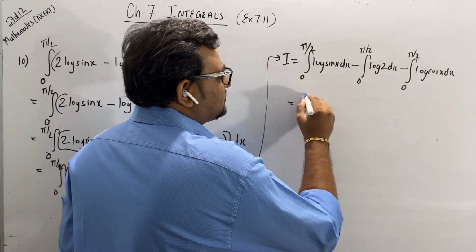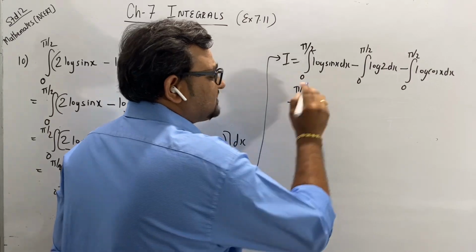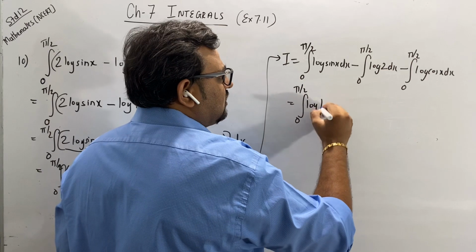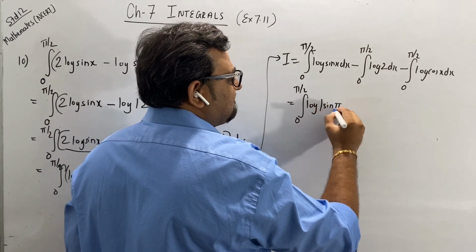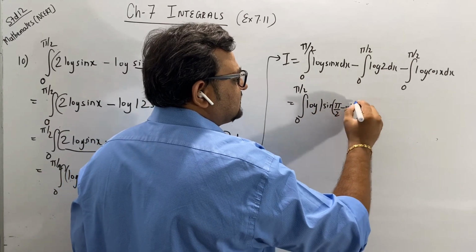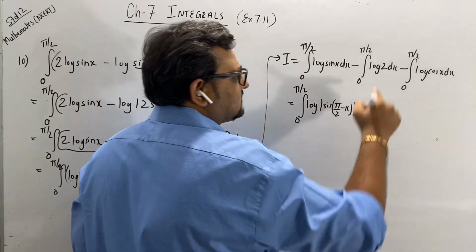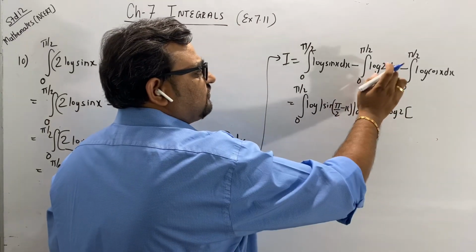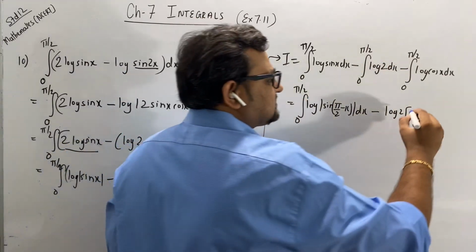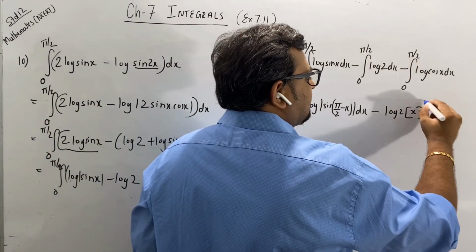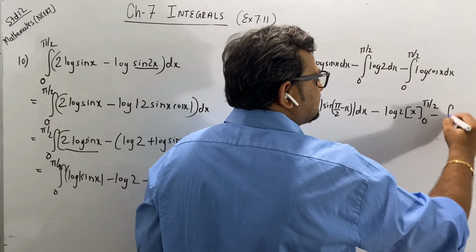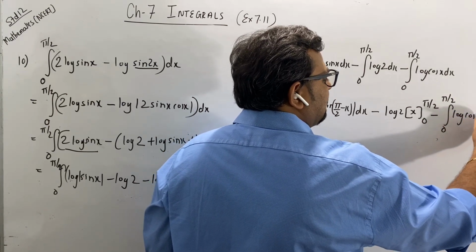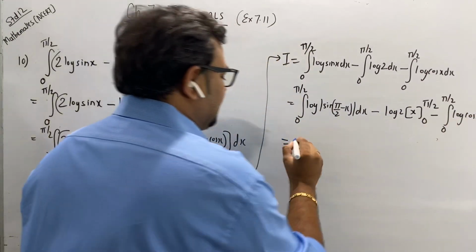Clear? So 0 to pi by 2 means a plus b minus x. So this will be log sin of pi by 2 minus x dx. Log 2 is constant, so integration of dx is x, minus the integral from 0 to pi by 2 of log cos x dx.